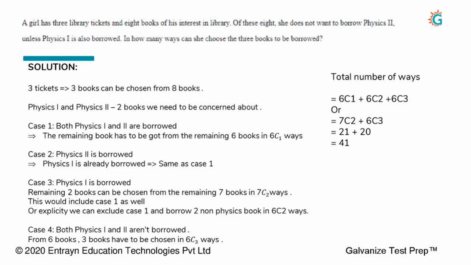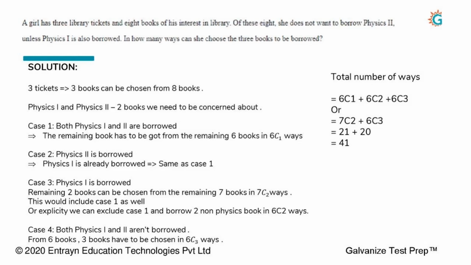Or explicitly, I would say that I'm going to exclude Physics 2 and then just choose from the remaining 6 non-physics books in 6C2 ways. So either 7C2 or exclude Physics 2 and choose it in 6C2 ways. Or case 4, both Physics 1 and Physics 2 aren't borrowed.